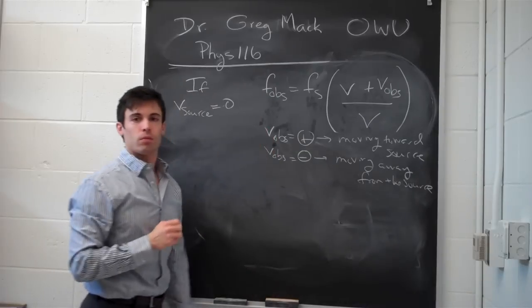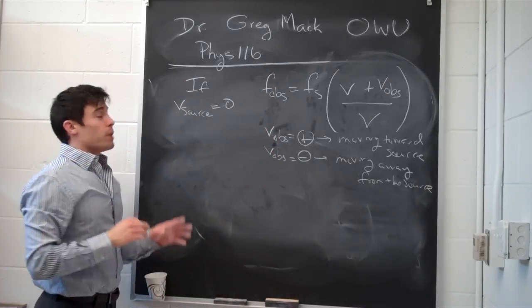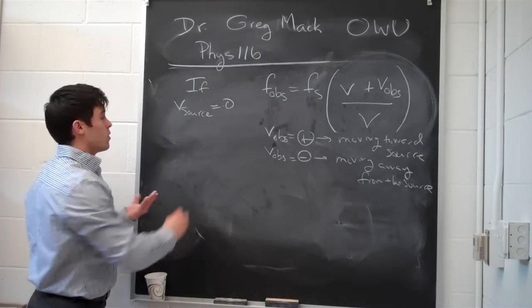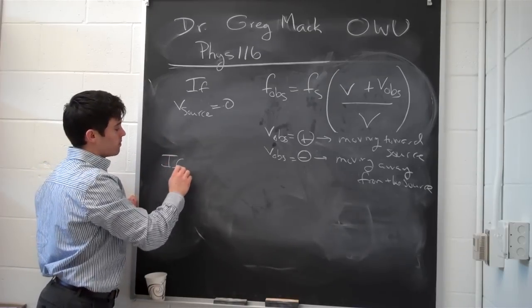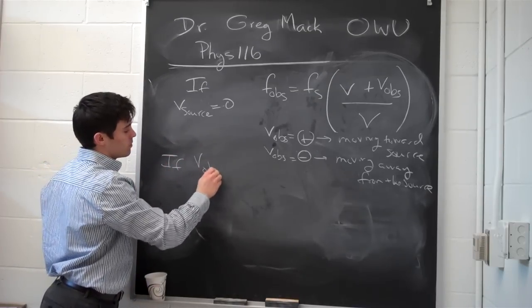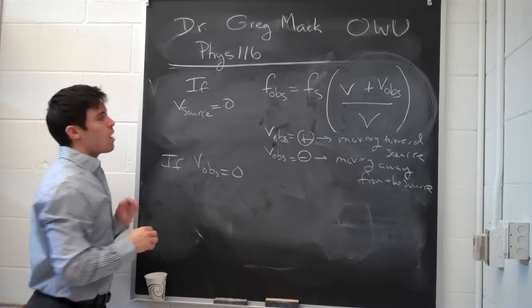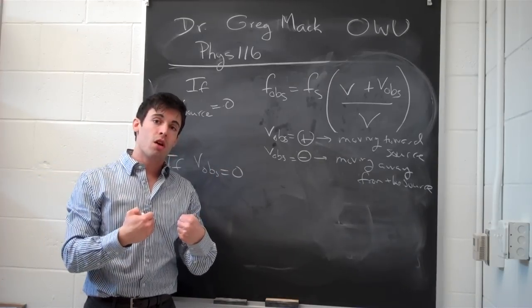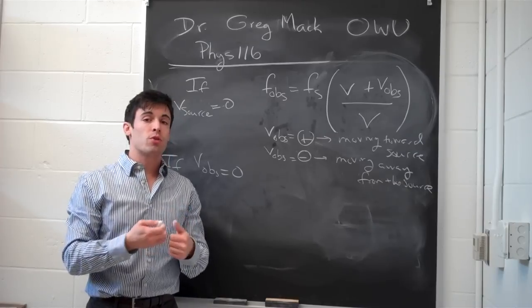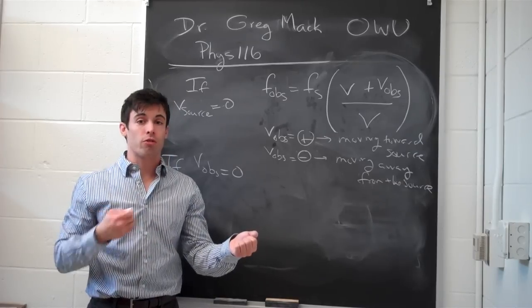From the source. Okay. But then you can look at the other situation where instead of the source not moving, we have the observer not moving. You have to end up with the same situation where if the relative motion towards each other is happening, you get a higher frequency. If the relative motion away from each other is happening, you end up with a lower frequency.